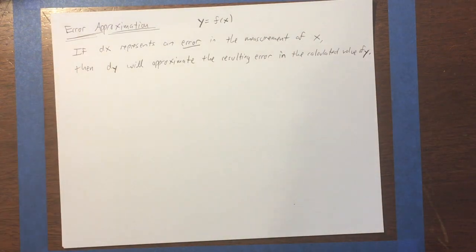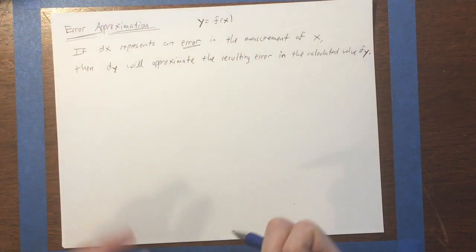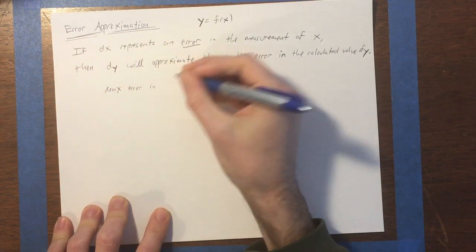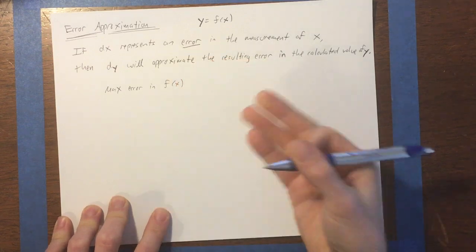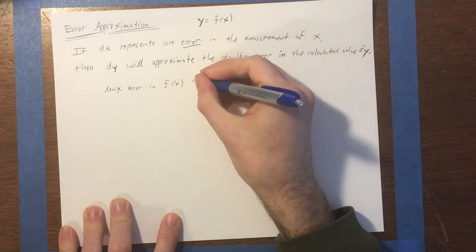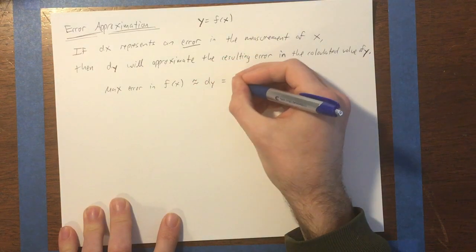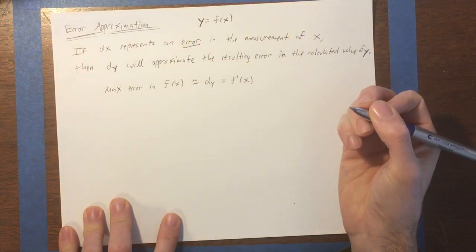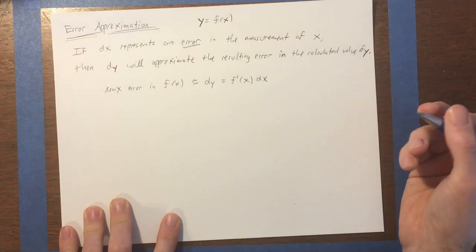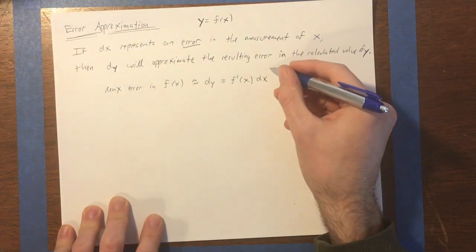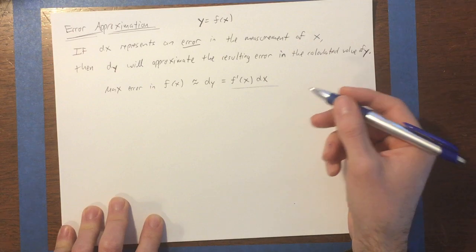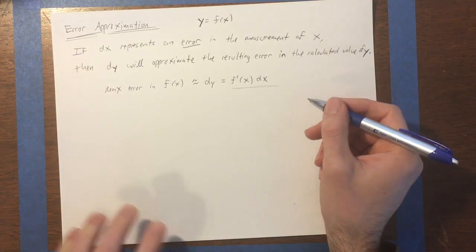So the max error in the function value f of x resulting from this error in the input value will be approximated by dy, which is f prime of that measured x value times the dx, which would be the maximum error. So this is a nice, quick, easy formula for calculating an approximate error in your output value.